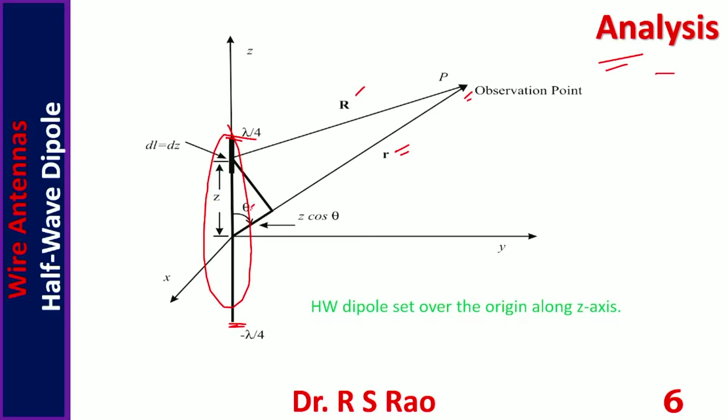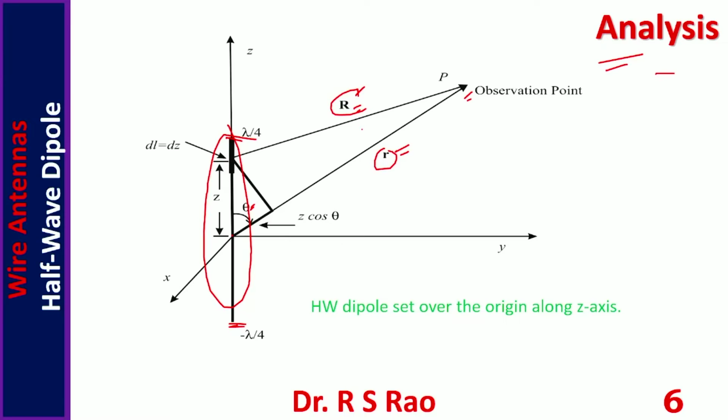This is theta, the polar angle. Small r is the radial vector of a spherical coordinate system. It represents the vector from origin to the observation point. Capital R is the vector from the differential element over the half-wave dipole to the observation point. Capital R, small r, these are vectors, but they are different.